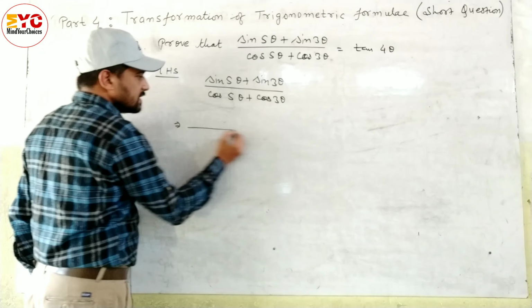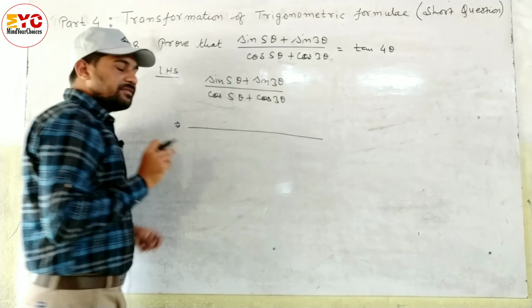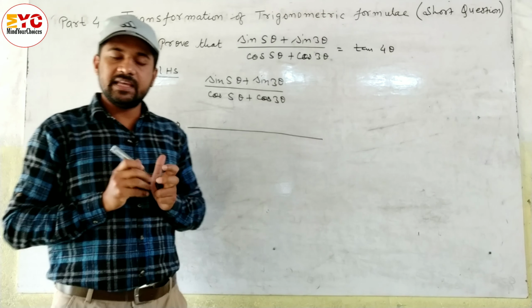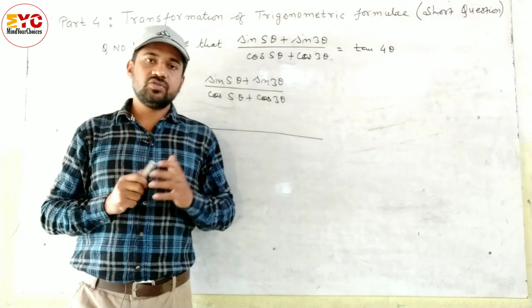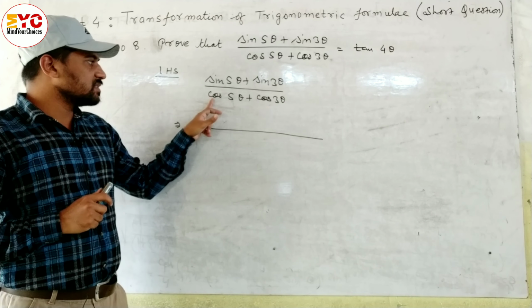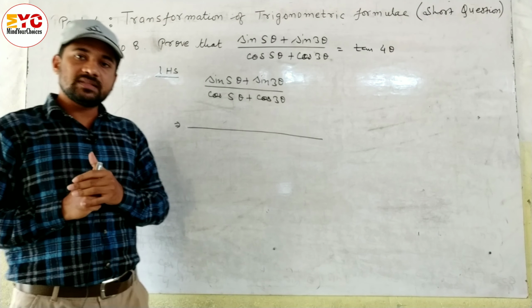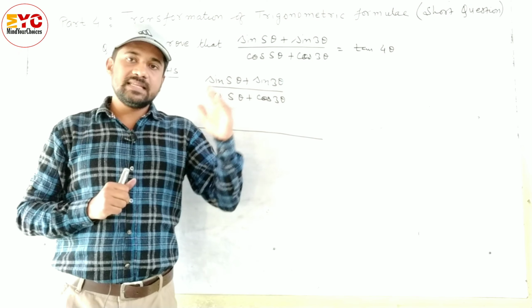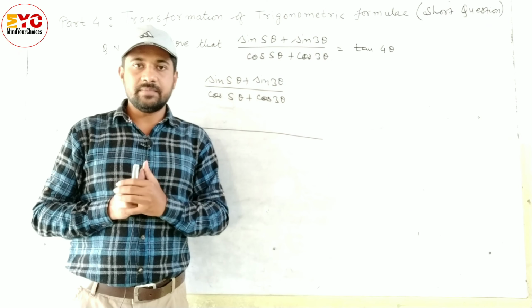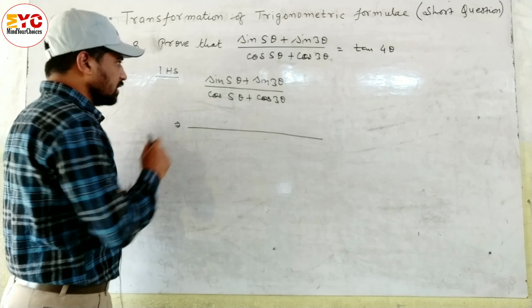As you know, the numerator is in the form of sine C plus sine D, and the formula is 2 sine C plus D by 2 cos C minus D by 2. Similarly, in the denominator this is in the form of cos C plus cos D, and the formula of cos C plus cos D is 2 cos C plus D by 2 cos C minus D by 2. So you have to remember the trigonometric formulas.